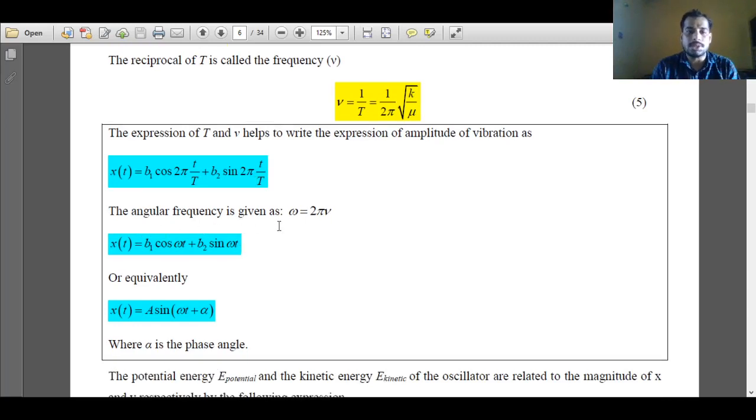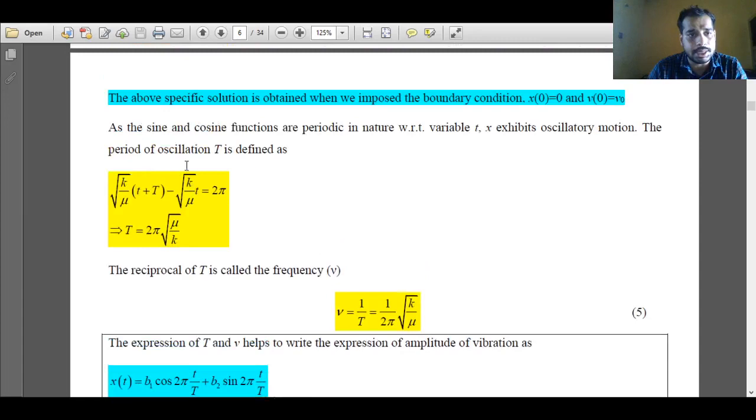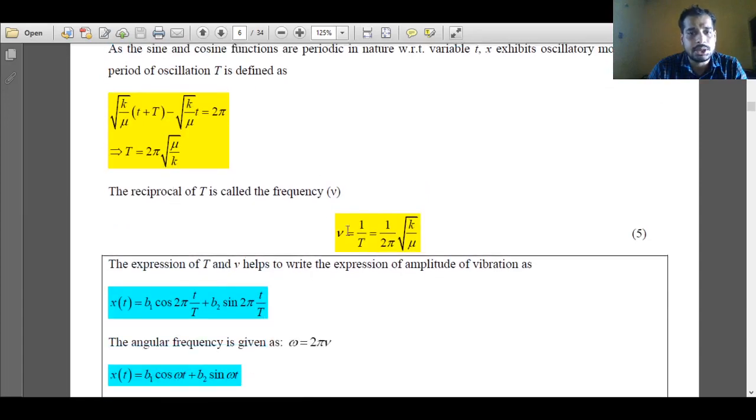Then angular frequency is also defined as omega equal to 2 pi nu. What is capital T? Capital T is the period of oscillation, so 1 over T is nu. So the angular frequency omega is 2 pi nu.